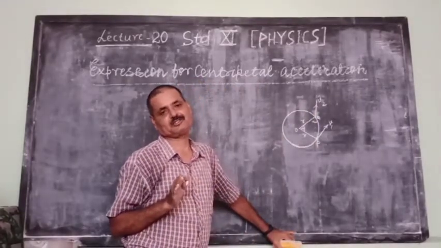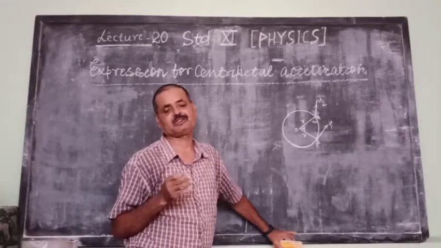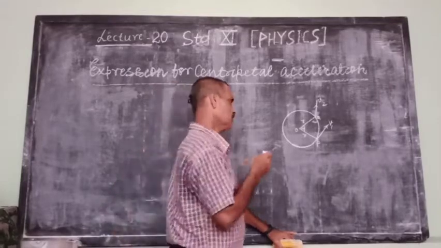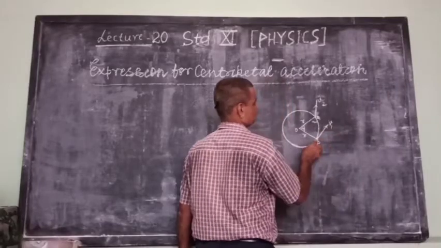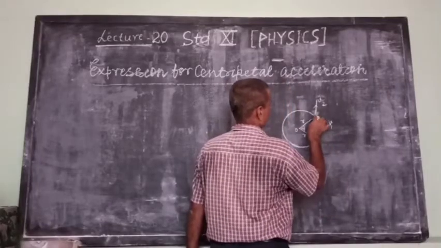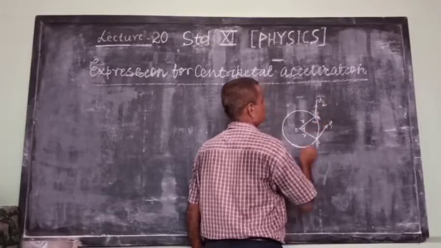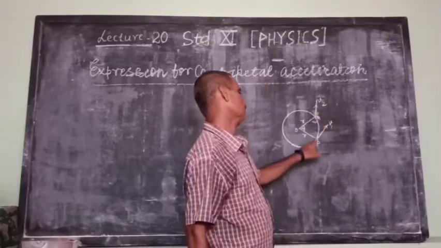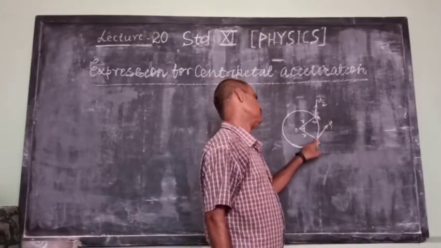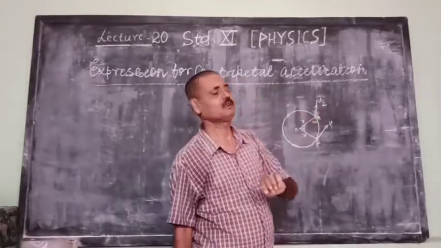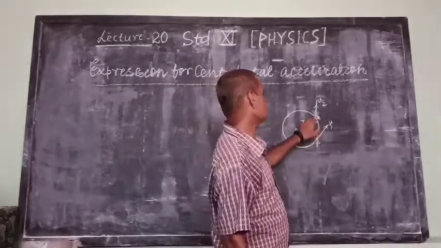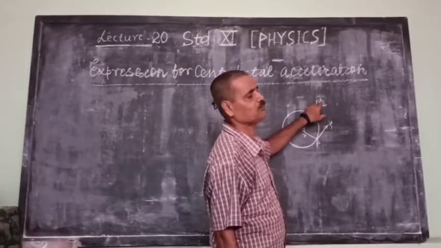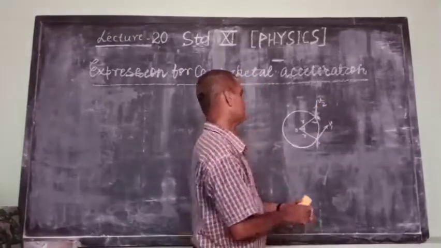Its speed remains the same, but its velocity will change according to its direction. Let v1 be the velocity and v2 be the velocity at point Q. This is the velocity, suppose, at time t, and after del t it reaches here and its velocity becomes v2.